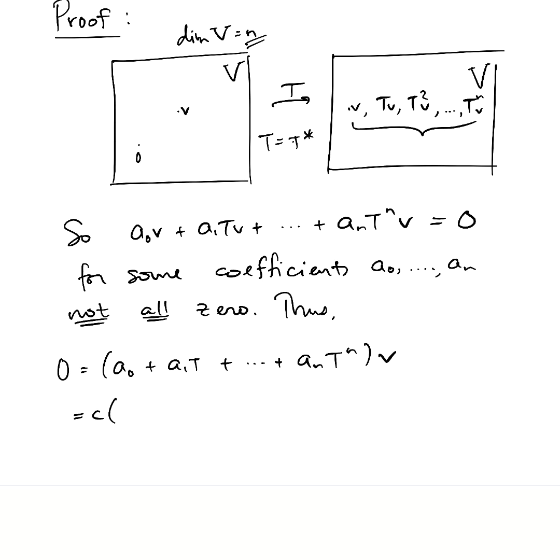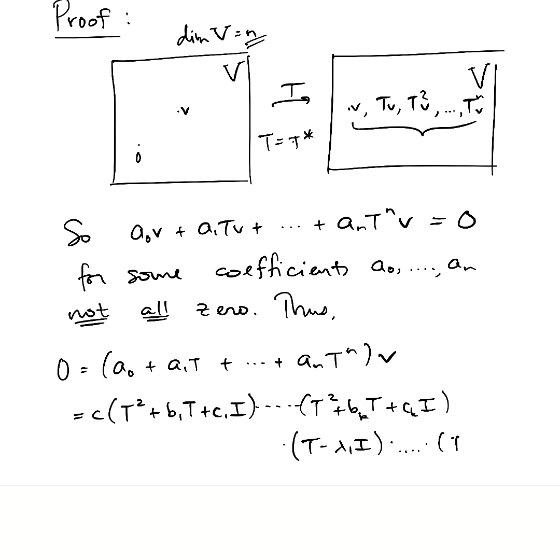So pieces of the form, and here's where the lemma comes in, (T squared plus b1 T plus c1 I) dot dot dot all the way through (T squared plus bk T plus ck I) times, so this is still times (T minus lambda 1 I) times dot dot dot all the way through (T minus lambda m I).